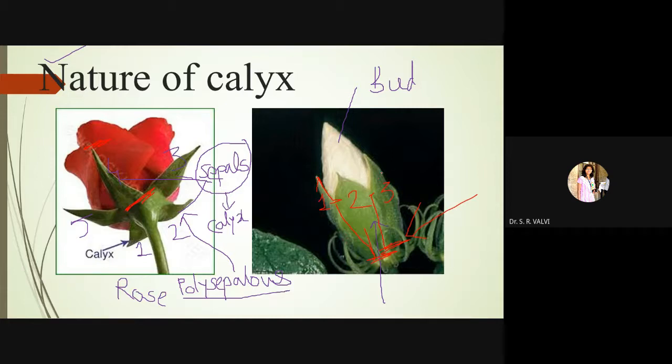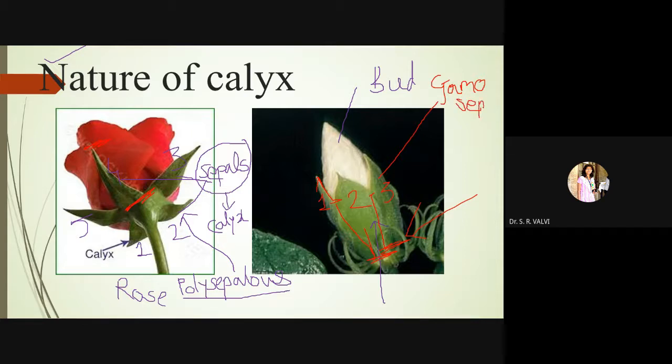This means it is a fused condition. For the fused condition, the prefix we have to use is gamo. Always remember these things: poly means free and gamo means fused. Again the same suffix, sepalous.